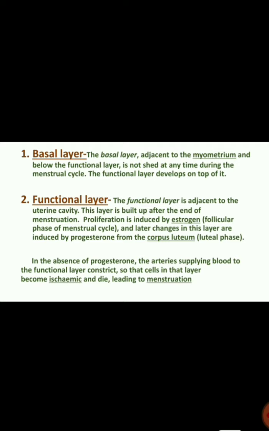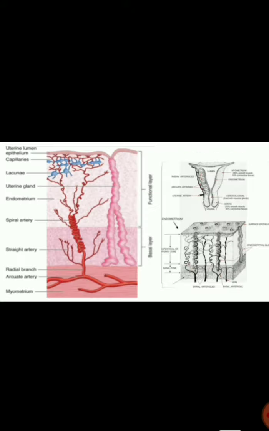If fertilization doesn't occur, the progesterone level becomes low, and the arteries supplying blood to the functional layer constrict, and there is ischemia at the base of the artery and tissue, and shedding of the endometrium occurs and bleeding occurs.